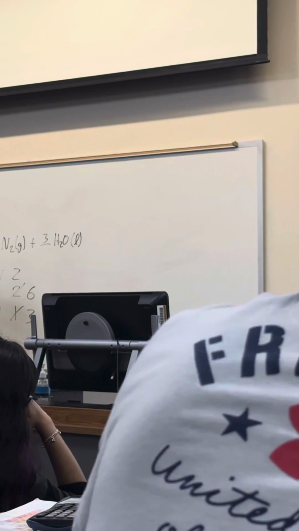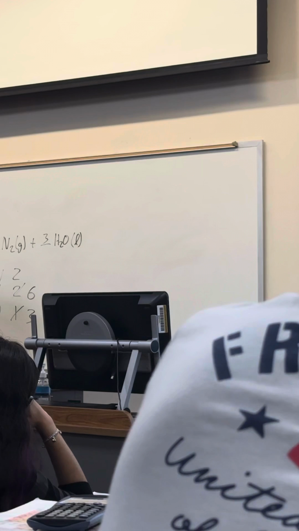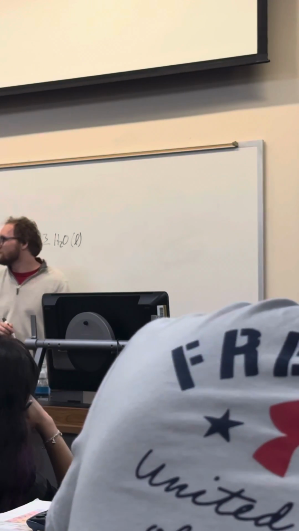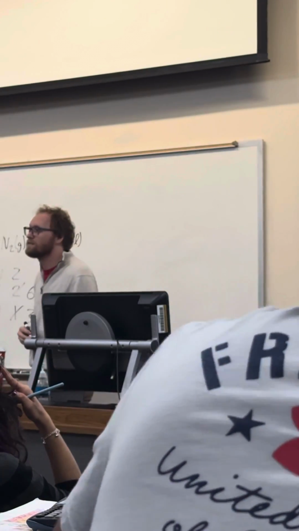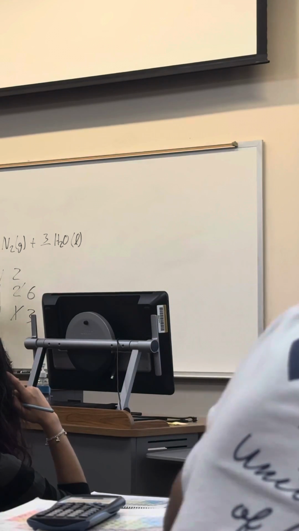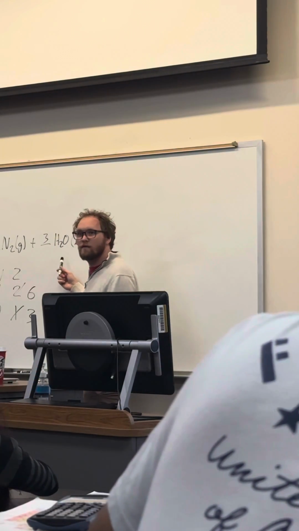We're going to try to keep from putting decimals and fractions, because none of my answers have decimals and fractions. I have 2 oxygens over here and 3 over here.